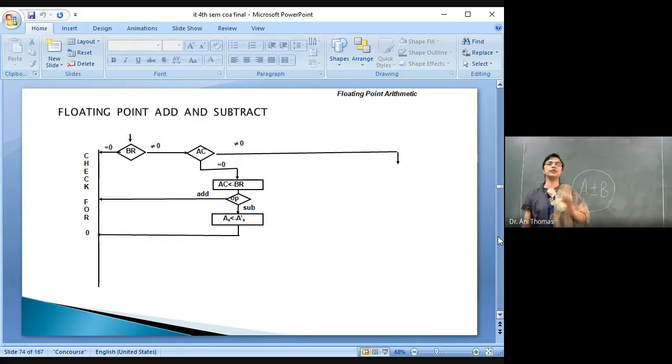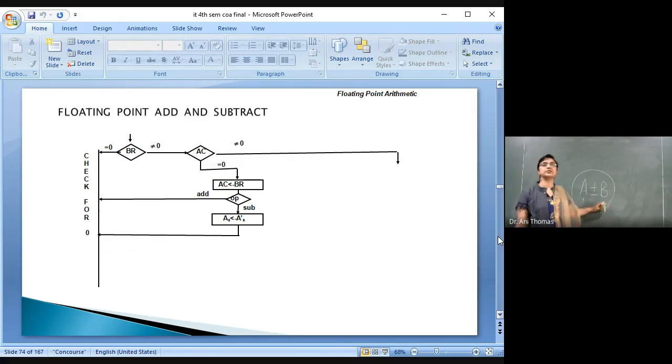The algorithm shows we are storing the content of BR into AC register, and depending on the operation, if the operation is add, we store plus B in the accumulator register, so no need of changing the sign.